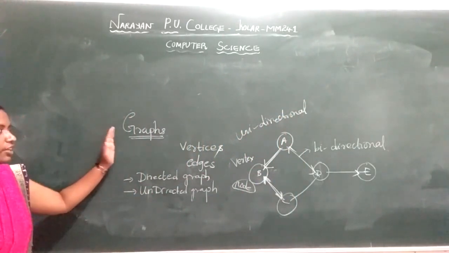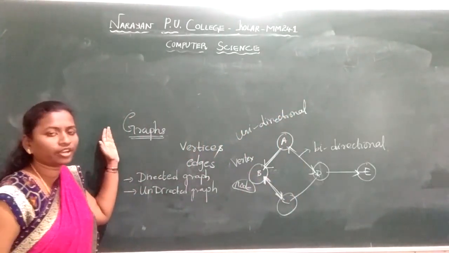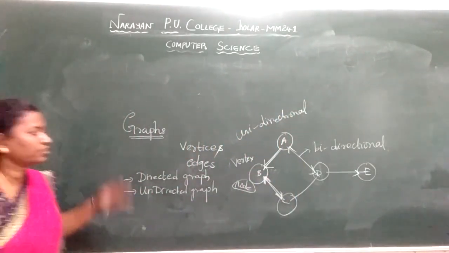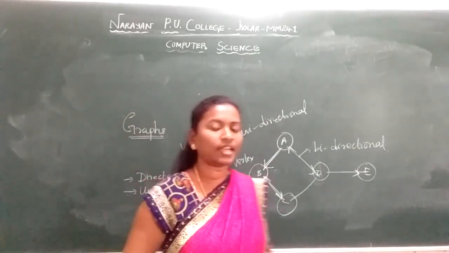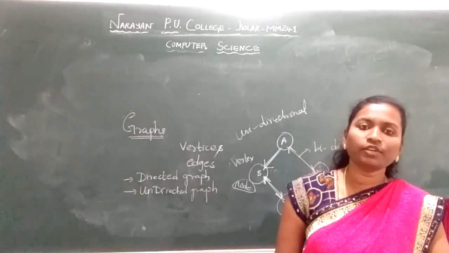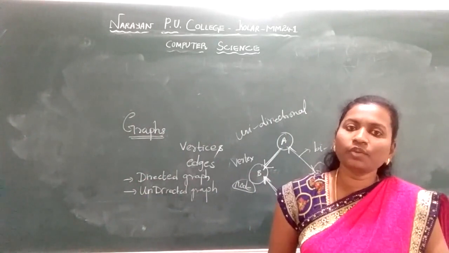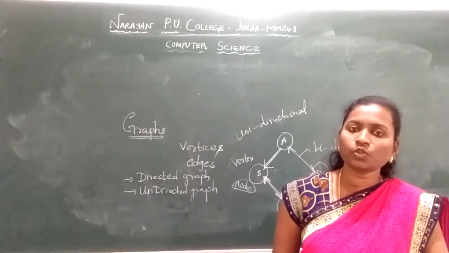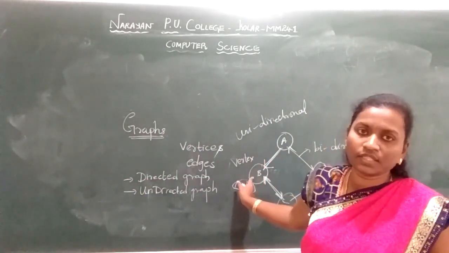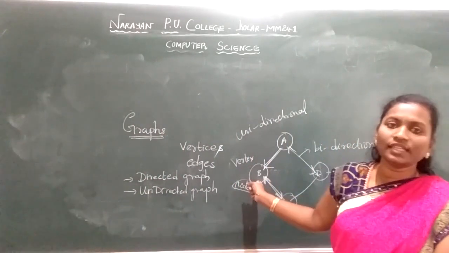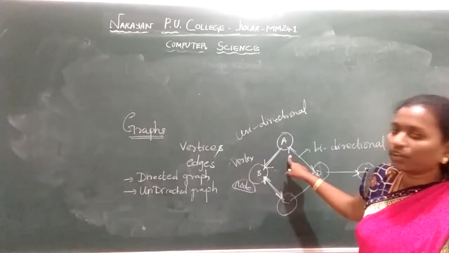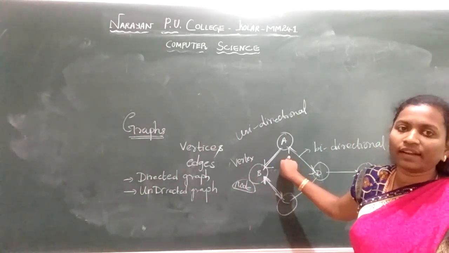When they ask you the definition for graph, a graph is a non-linear data structure which contains a set of vertices and edges. The nodes are nothing but your vertices, and the arc which connects the vertices, the link between the two vertices, this line or this arc is called the edges. So we have two types of graph: directed and undirected.